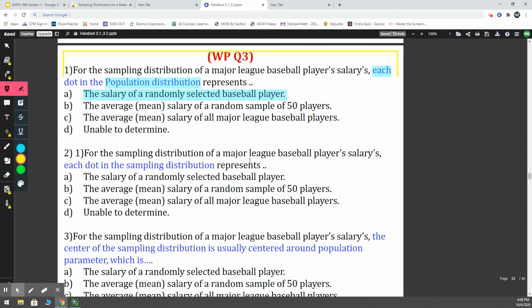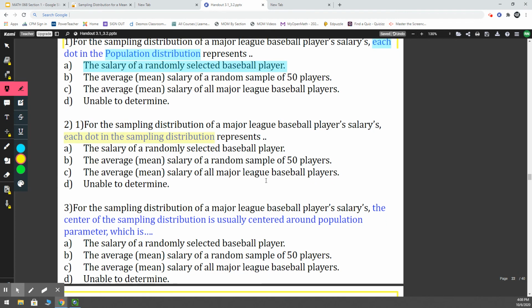When we go to the same exact question, but we change it to each dot in the sampling distribution. Now, remember the sampling distribution, this is the average mean salary of a random selection of 50. They're getting you to show the difference between the population distribution and the sampling distribution.